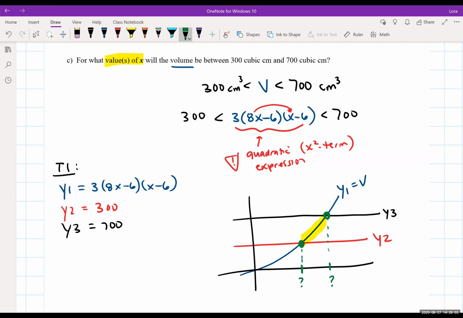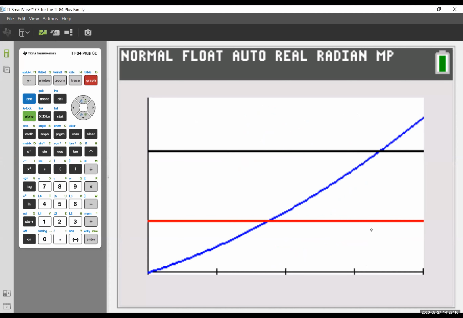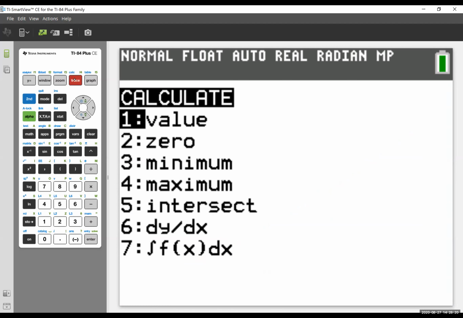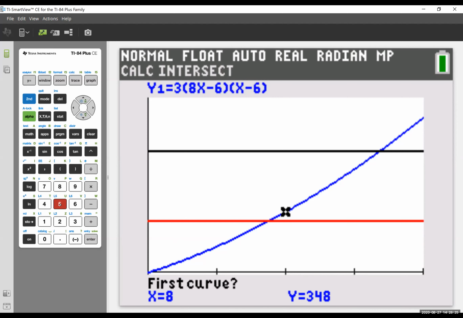So we basically have to pull our TI with the command function so we can find those X values. So let's go do that. All right, so our favorite button, one more time, second trace. And we're going to find the intersection. That's item number 5. And you notice right now the cursor is located by the intersection at the bottom.